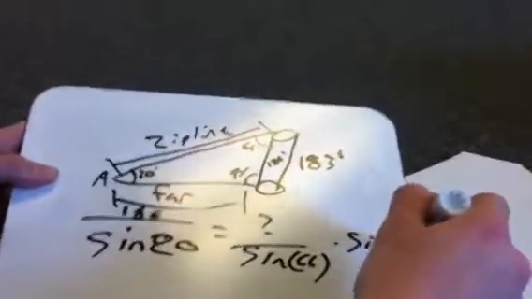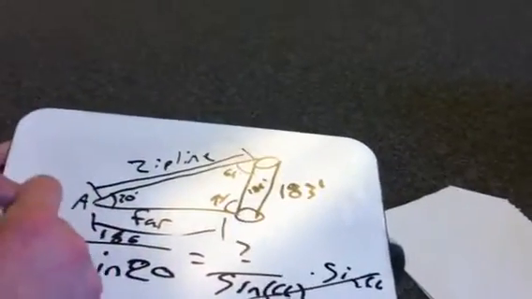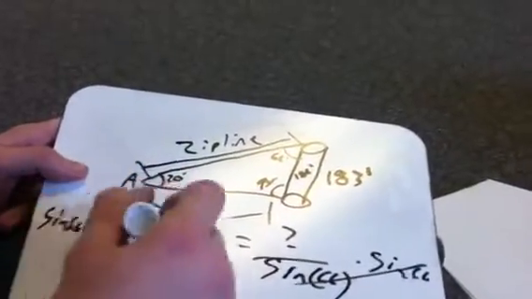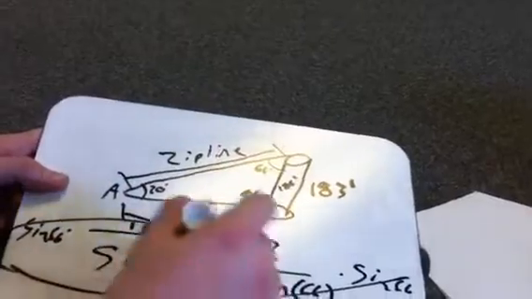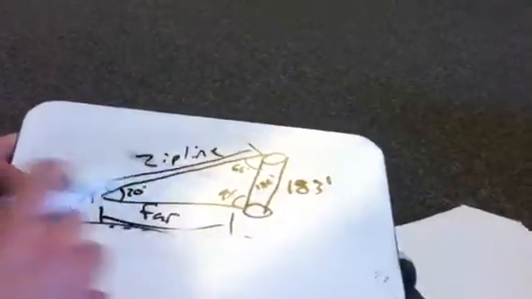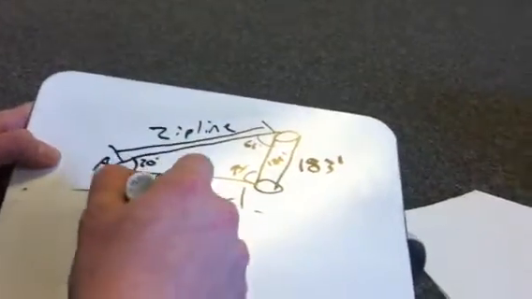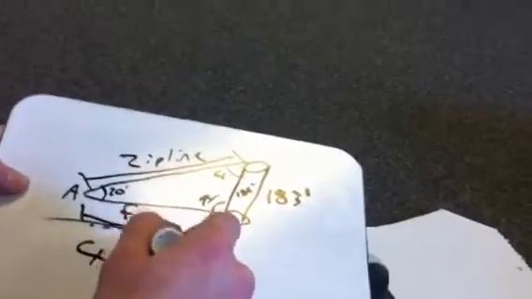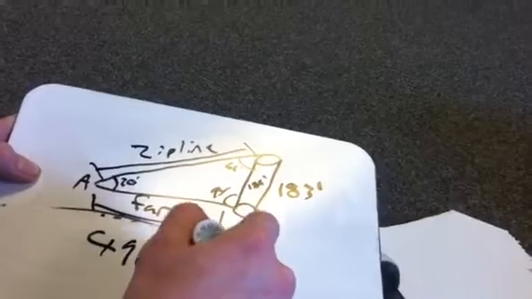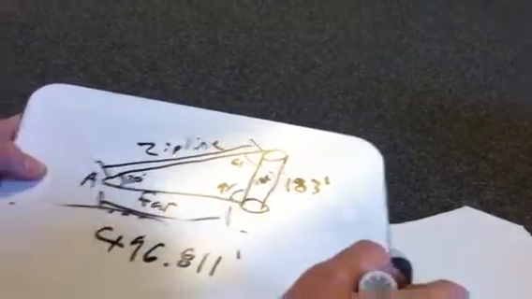And you would multiply like you did before, cancel those out, and you'd enter this part into your calculator, and you would get that you are 496.811 feet away from the Leaning Tower of Pisa.